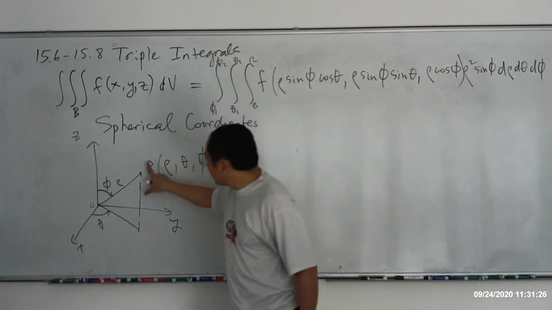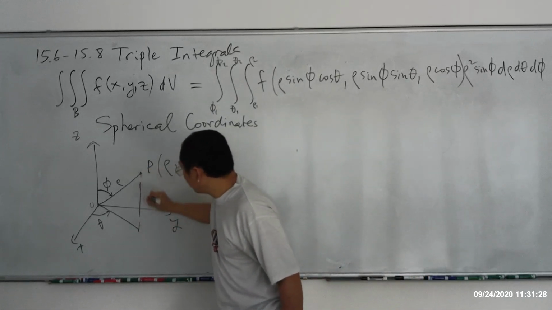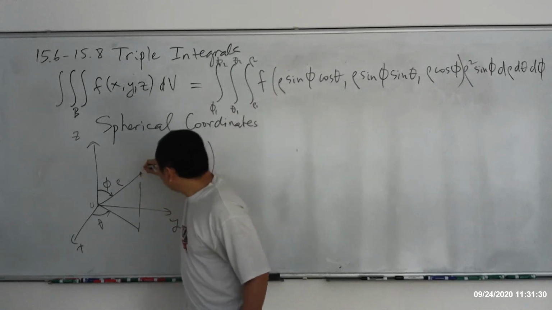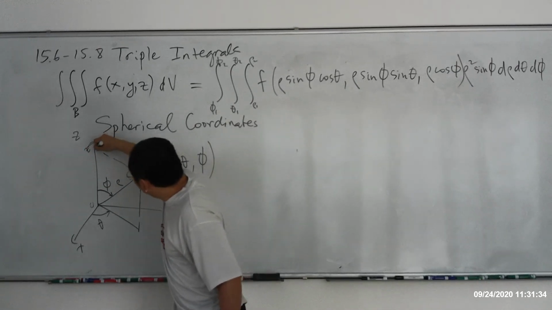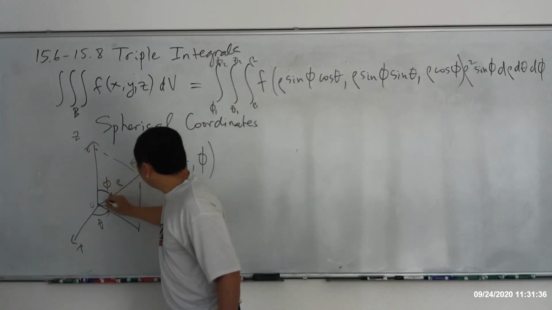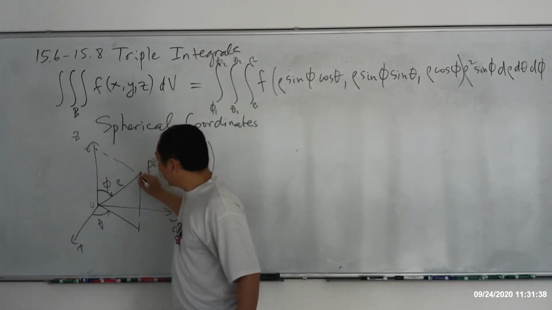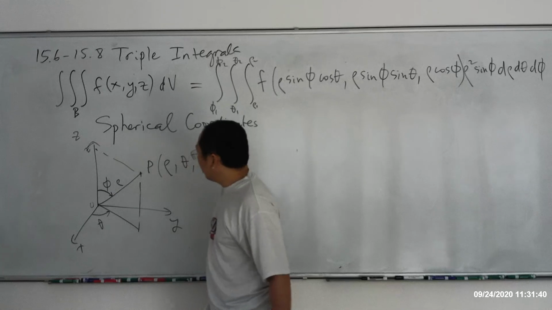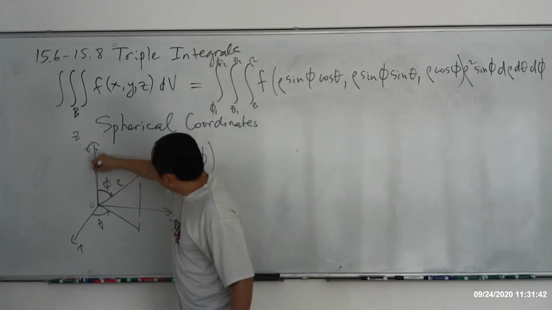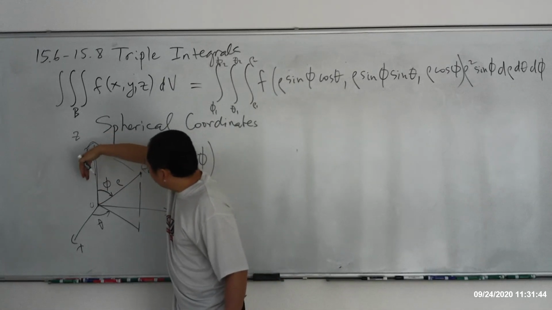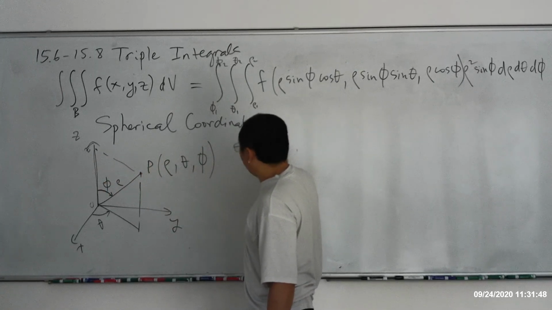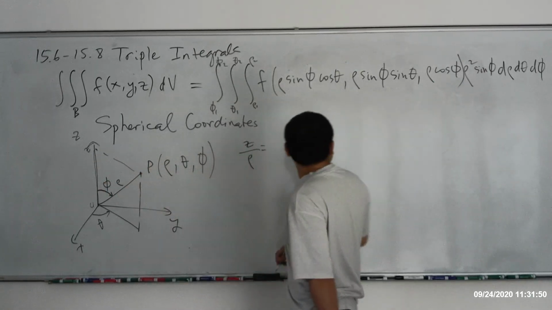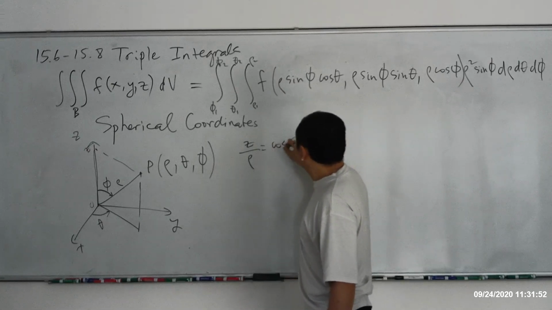Let's talk about z right here. This angle is phi. So z is up here, and we have a right triangle with the hypotenuse rho and this angle phi, and z is this side. Adjacent over hypotenuse, z over rho, is equal to cosine phi.